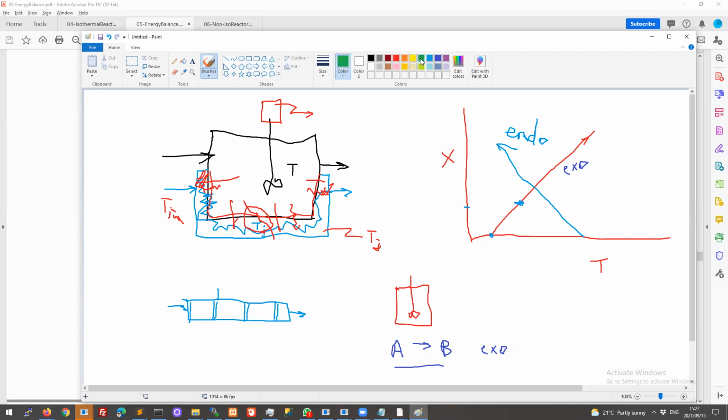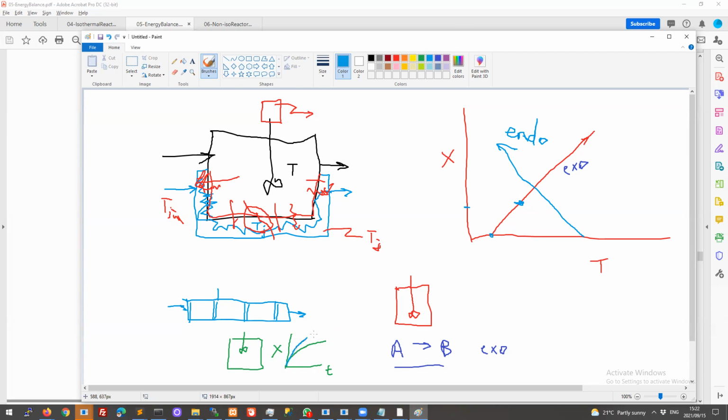And so the temperature will change down this plug flow reactor. Equivalently, if we have a batch reactor, let's just draw another one here. In this batch reactor, if we are thinking about what's happening in time, as time is passing, initially the conversion was 0, but over time that conversion is increasing. And if it's an exothermic reaction, the temperature will also increase.